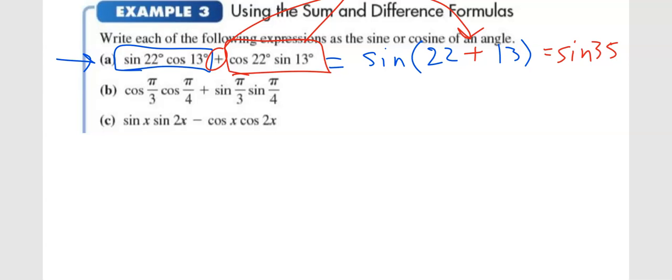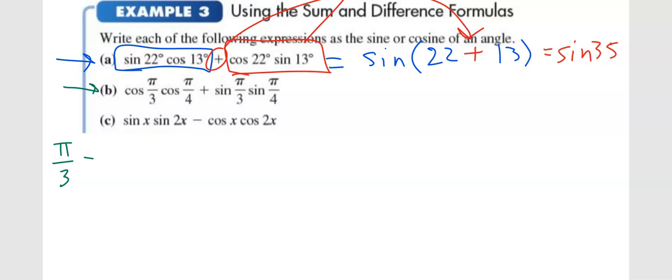Okay, now, I know on letter B, every math teacher in the universe wants you to be able to add or subtract fractions. But I will let you change them to degrees. So pi over 3.